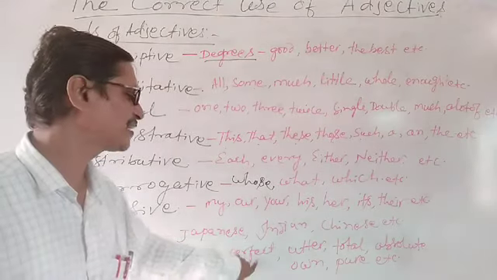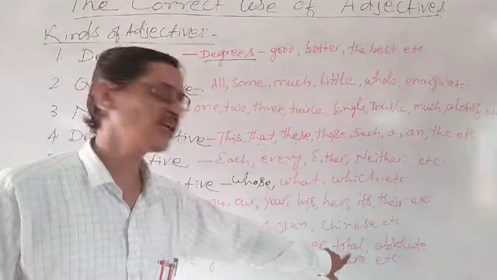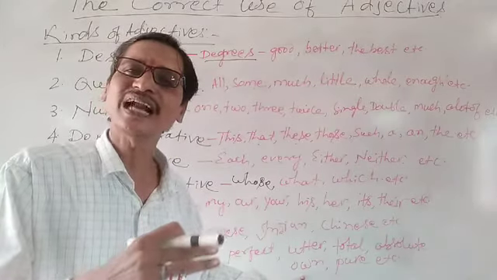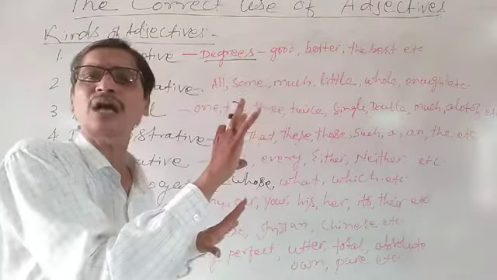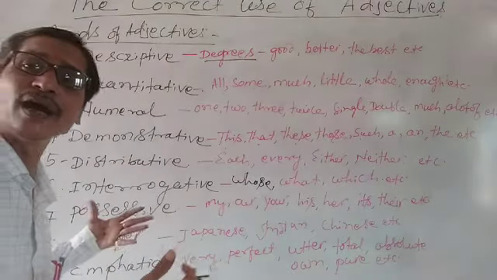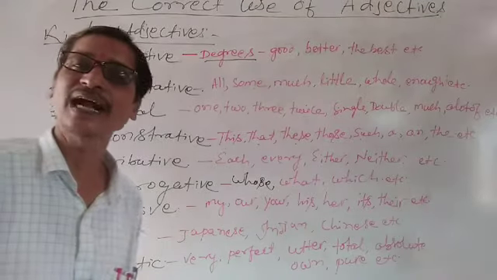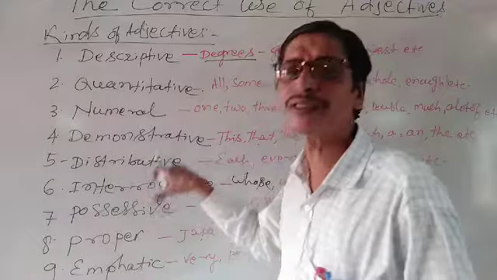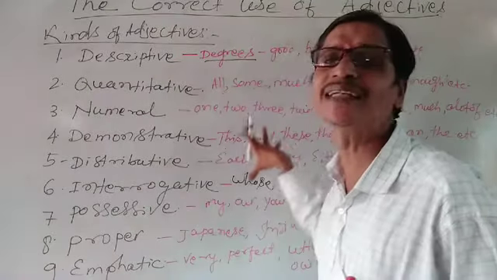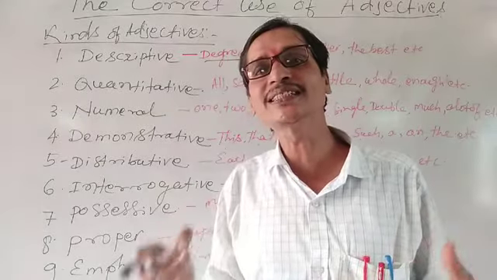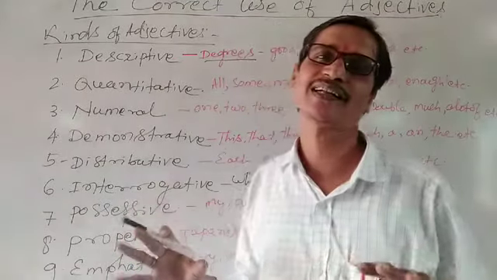Very, perfect, utter, total, absolute, own, pure, etc. There are some other words also functioning as emphatic adjectives. My purpose is to tell you that you should know different kinds of adjectives so that while using them, we can understand how to use them correctly.